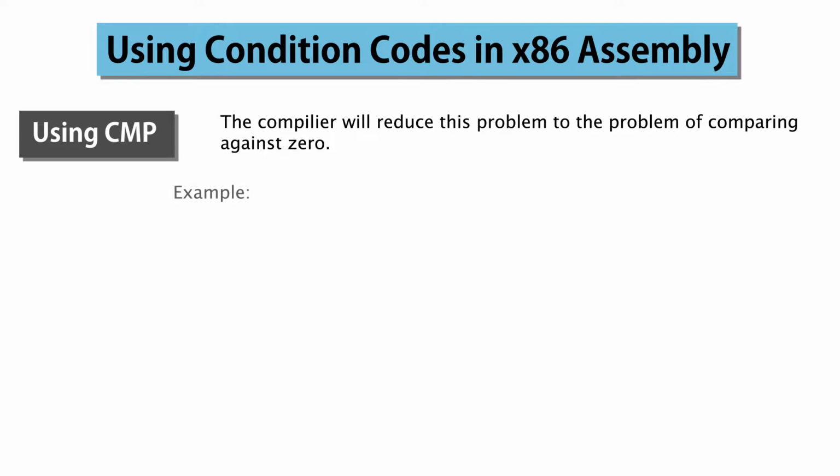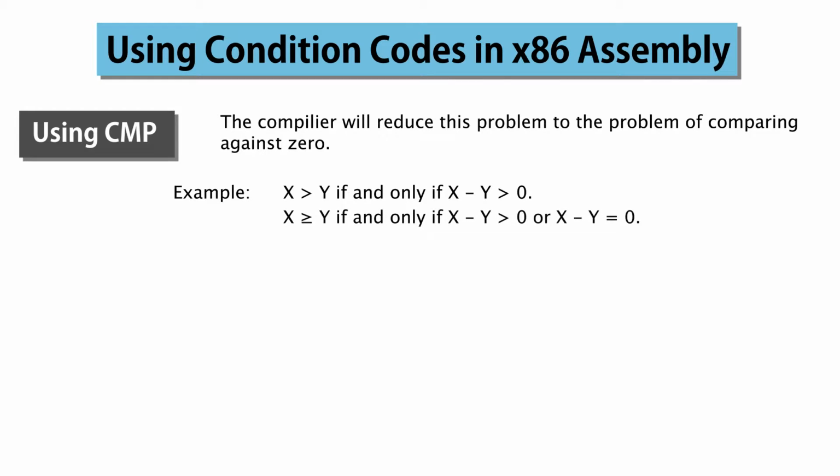For example, x is greater than y if and only if x minus y is greater than 0, and x is greater than or equal to y if and only if x minus y is greater than 0 or x minus y equals 0. We often implement this in assembly using a compare or CMP instruction.